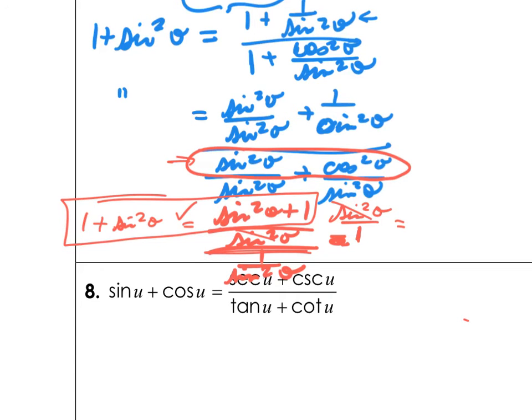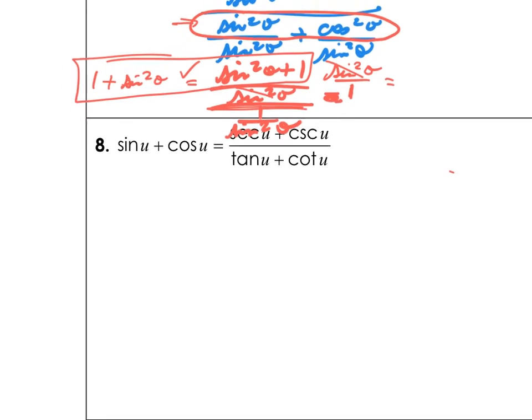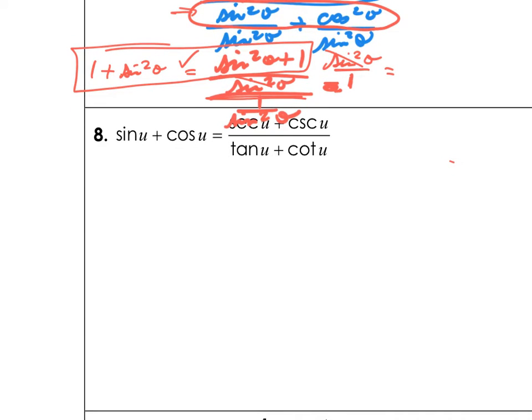Okay, this next one, if you look at it, I might erase just a tad so I can see, but notice that this side right here is sine and cosine, and so we want everything in terms of sine and cosine, so we're going to sub sine and cosines in here, and we're going to sub in the quotient identities, which is sine over cosine and cosine over sine, and get a common denominator, and that one's going to pan out.